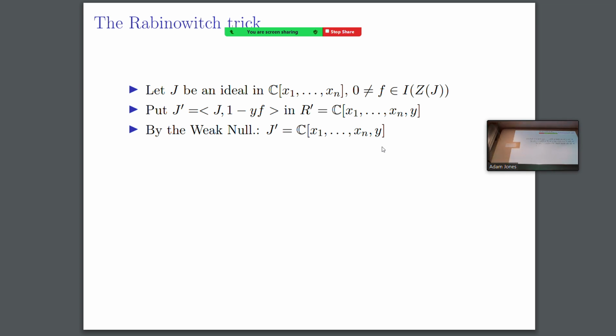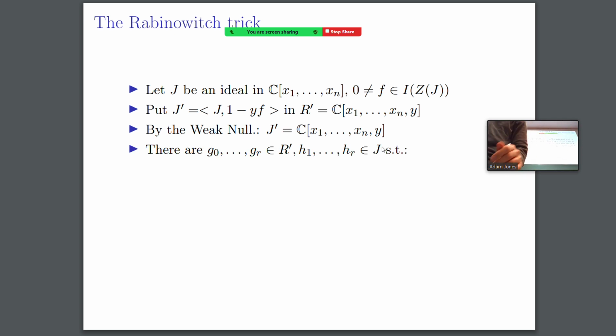Now, clearly, if you have a common zero for all elements in J, then by our assumption on f, f will vanish there, and so 1 minus yf will not vanish there. So you simply have no common zero to all elements in J', and hence by the weak Nullstellensatz, J' is the whole ring.